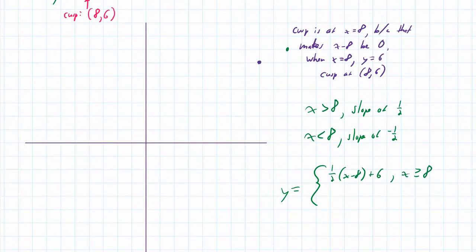But left of 8, I don't have absolute value anymore. So I need something to act like the absolute value, and what acts like the absolute value is the negative that makes the negative value become positive. Left of that, we have x is less than 8.